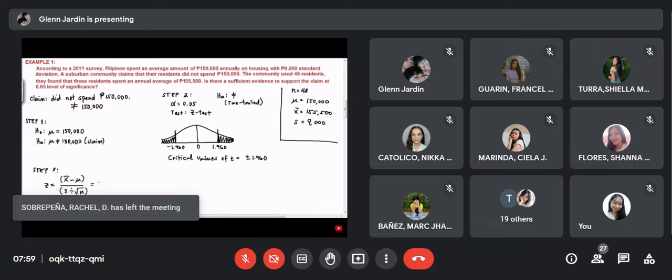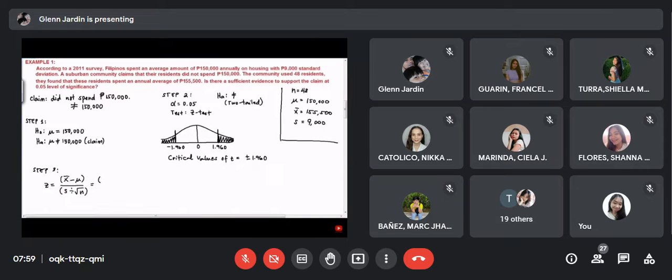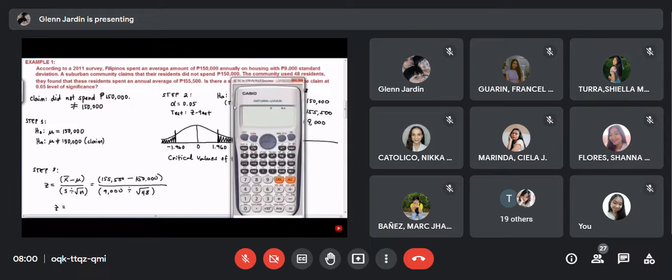Okay, next one is we will identify yung Z value. So, substitute natin itong mga value na to. Magiging 155,500 minus yung mu na 150,000, all over, ang S natin, or standard deviation, is 9,000 divided by square root of 48 yung ating N. So, get your calculator. Dire-diretso lang sa calcu.